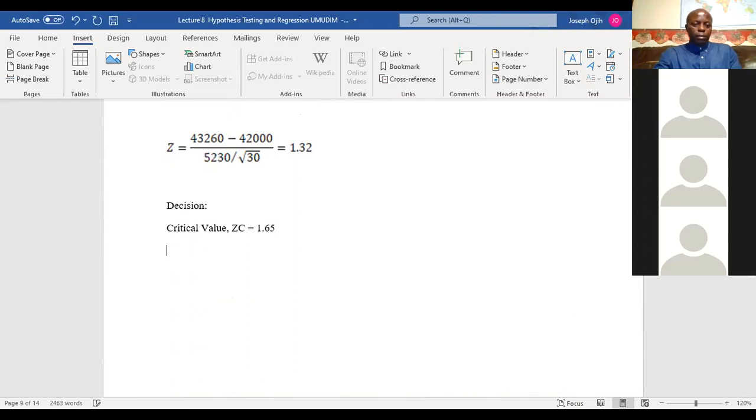The calculated value Z equals 1.32. So critical value ZC is 1.65, and the calculated value is 1.32.